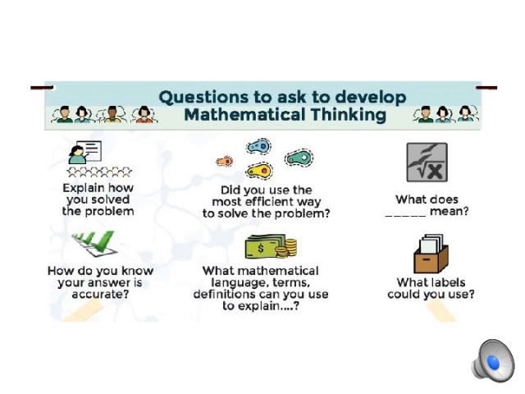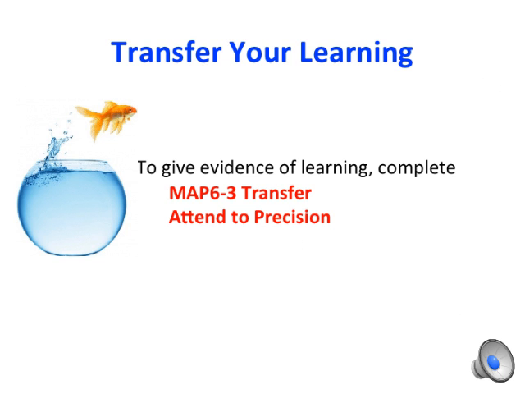As you did in your tutor session, have students explain how they know their answer is accurate. Ask students what mathematical language, terms, definitions they can use to explain their thinking, problem solving, their confusion, their conclusions. And ask students what labels they could use to communicate more precisely.